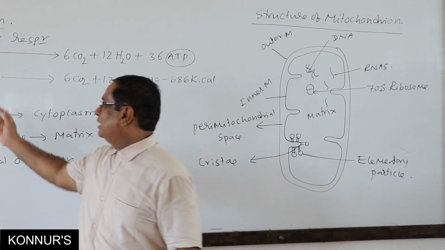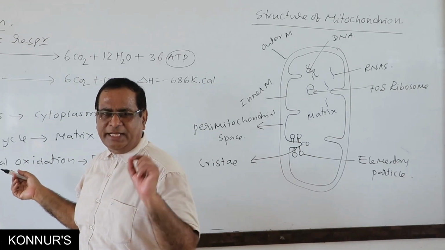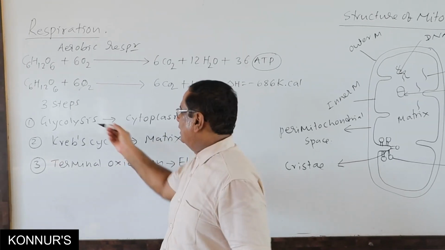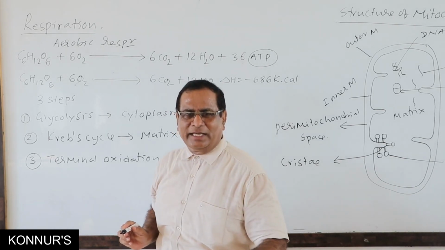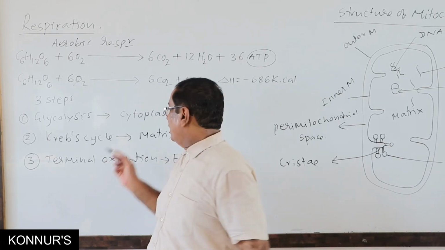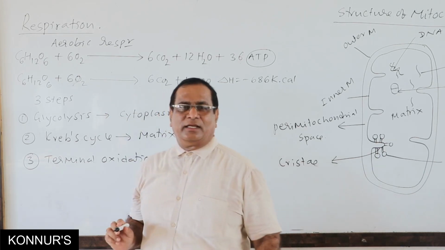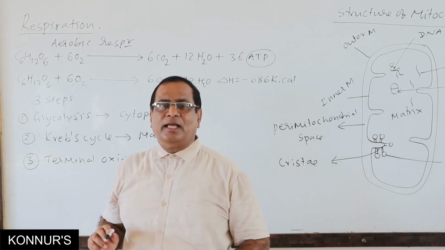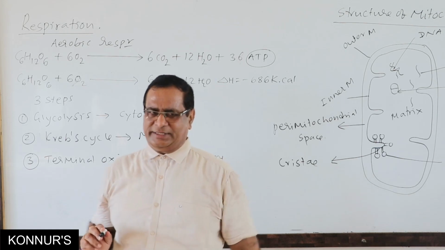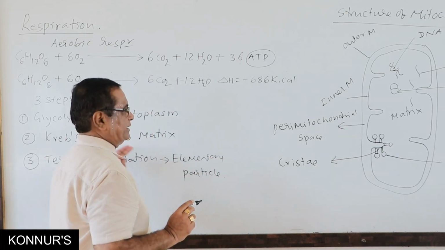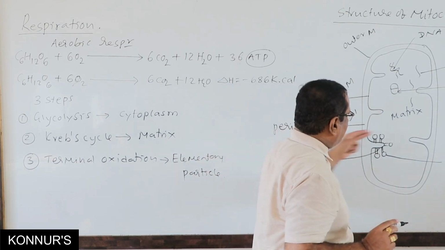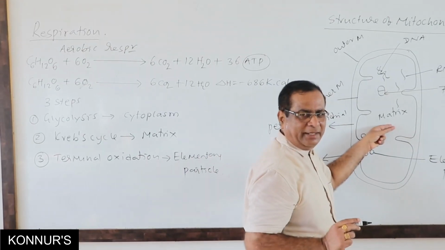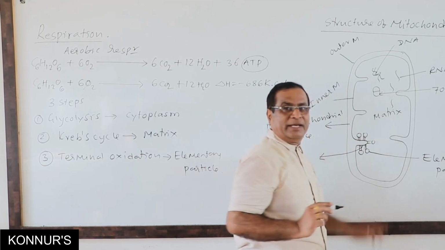Our aerobic respiration takes place in 3 steps. The first step, glycolysis, takes place in the cell cytoplasm. During glycolysis, glucose splits and becomes 2 pyruvic acids. Those 2 pyruvic acids enter from the cytoplasm into the matrix of mitochondria through these 2 membranes.